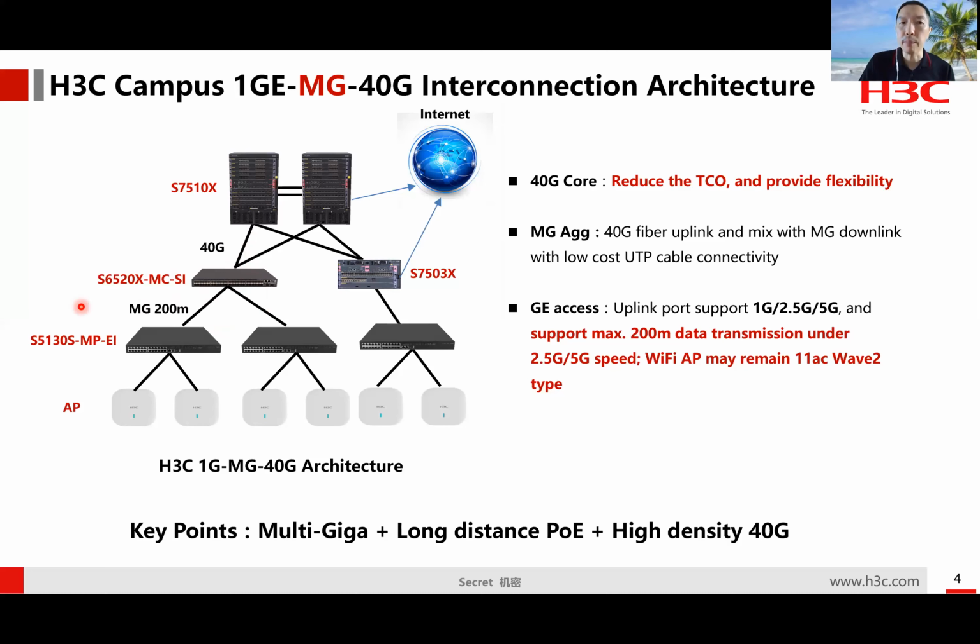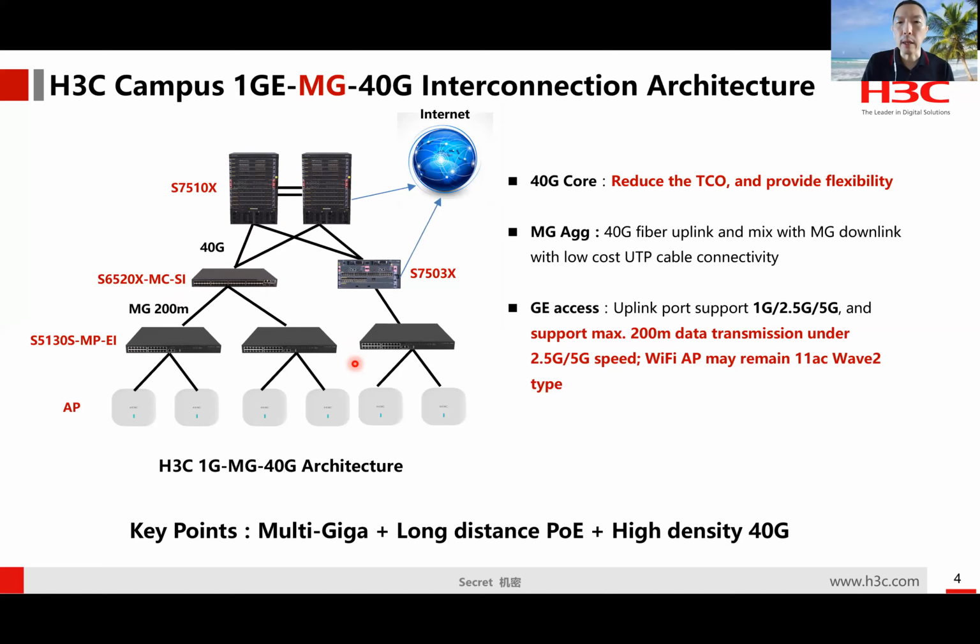That means we can provide the redundancy level up to the distribution layer. But normally, we may not consider providing protection at the access layer, because most of the access devices can only support one uplink. So this is most of the network scenario.